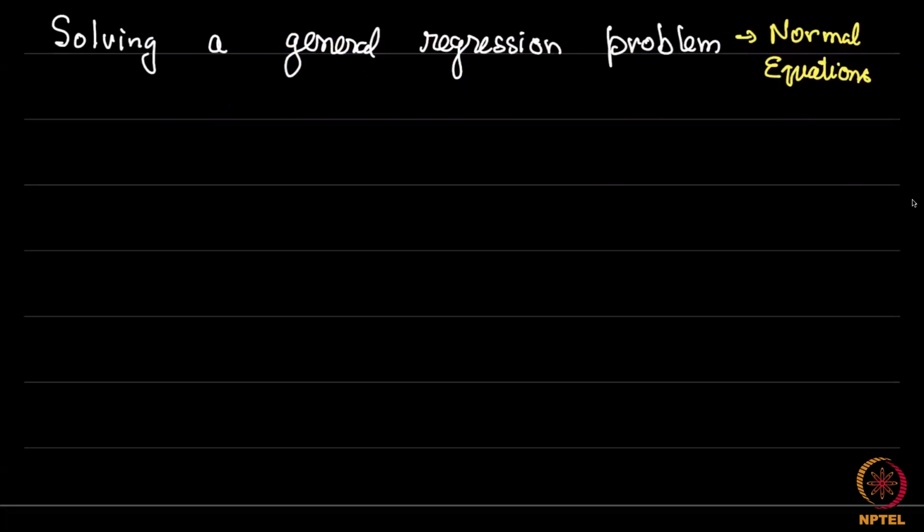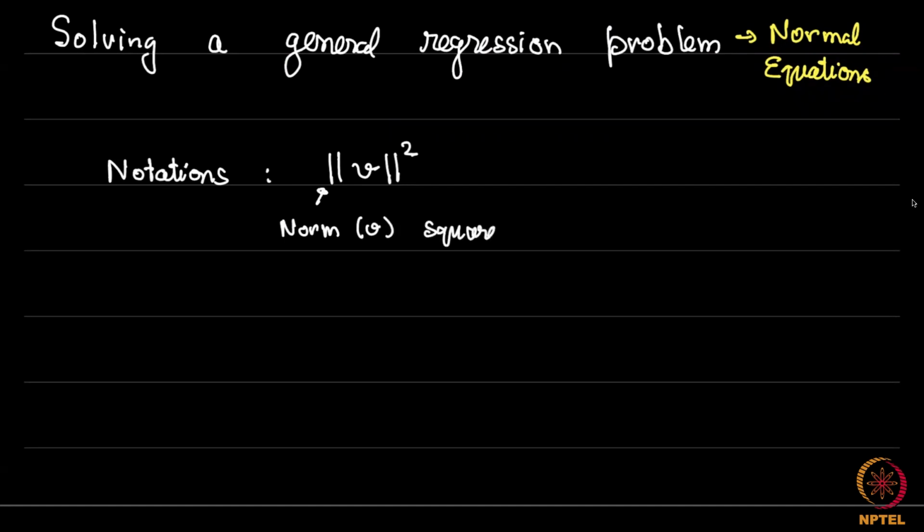So our model is as follows. I am going to use a couple of notations. If I say some vector v, this thing is called norm of v squared. This is how we pronounce it.